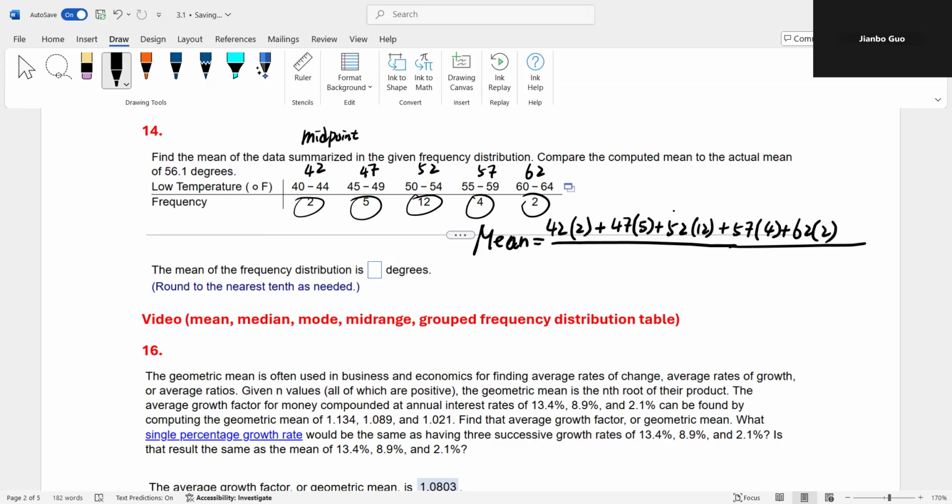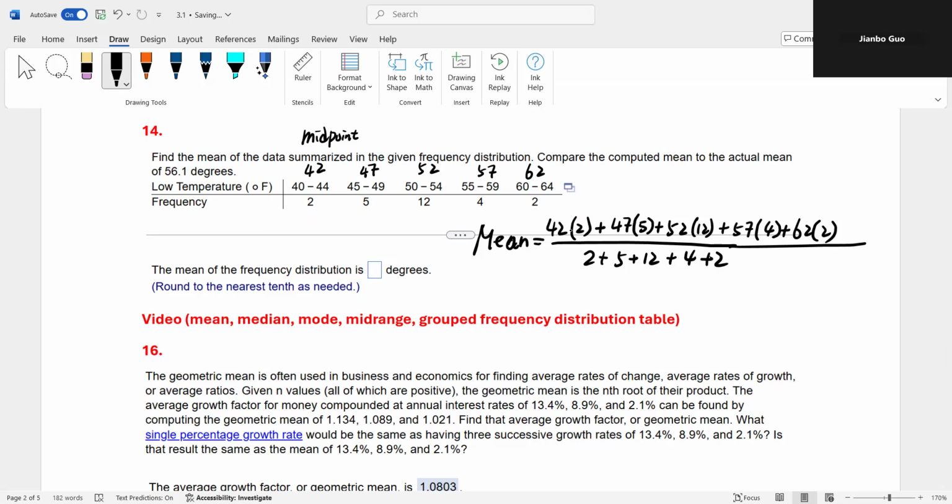Then we know how many values in total we have. We just need to add those frequencies together: 2 plus 5 plus 12 plus 4 plus 2. I'm going to leave the detailed calculation for you. Evaluate the numerator, evaluate the denominator, and divide the numerator by the denominator. Then you will have the mean for the data set.